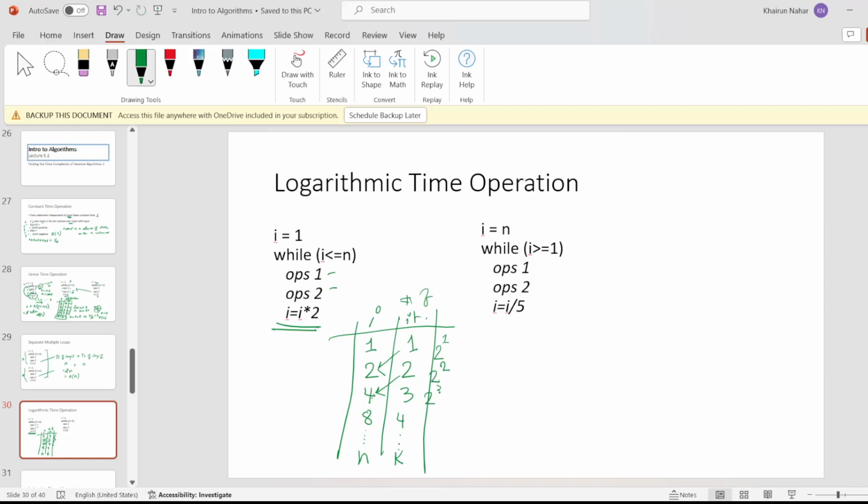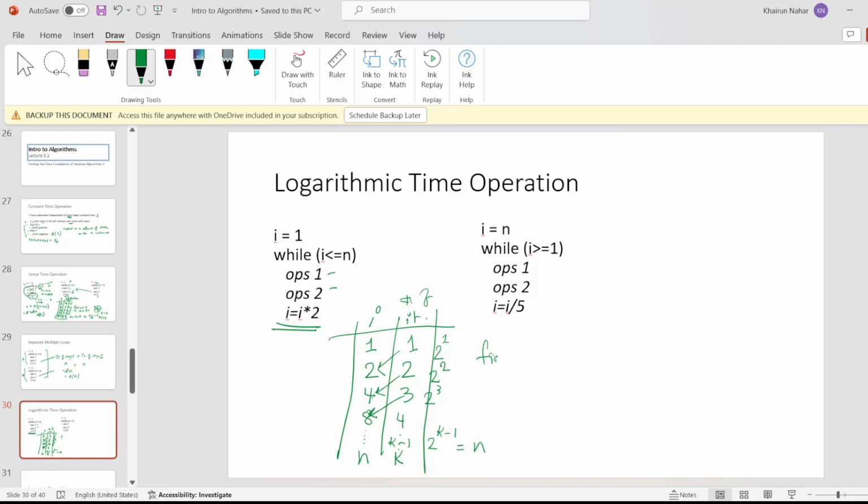So we have 2 powered 3 equals 8. We can say that 2 powered k minus 1 equals n. Okay. So n is the result from k, 2 powered k minus 1. Okay. So now we have to solve this.